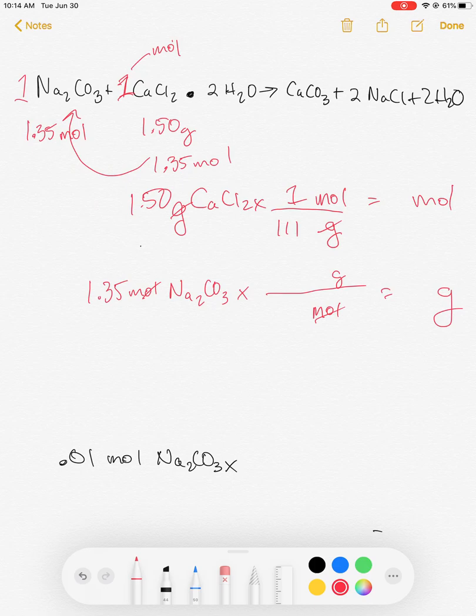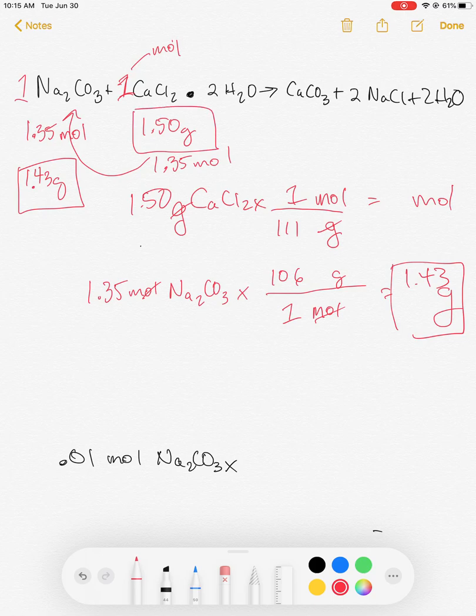So 23, 23, 12, and 48 is 106 grams for every 1 mole of sodium carbonate. So we would need 1.43 grams.